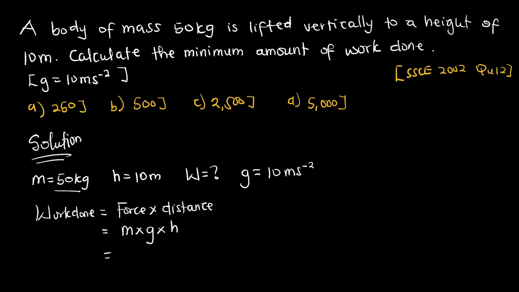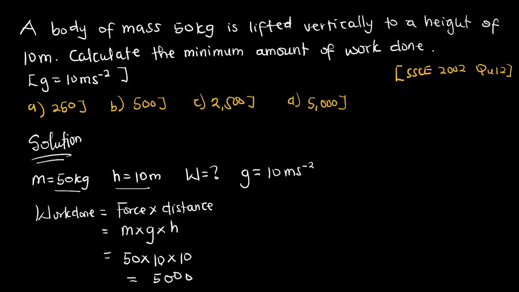We already have our mass, our height, and our gravity, so we just multiply everything after substitution. I have here the mass, which is 50, multiplied by gravity, which is 10, multiplied by height, which is also 10. So my answer will be 5, then I just add the zeros.